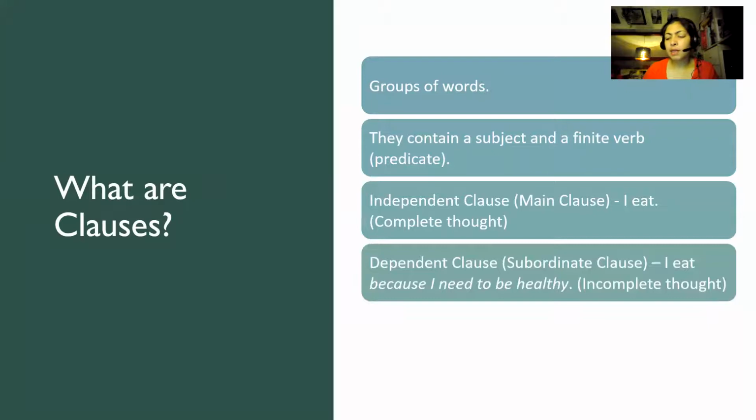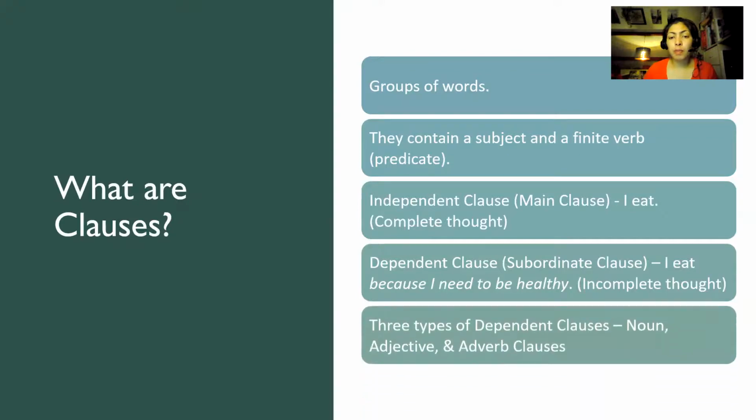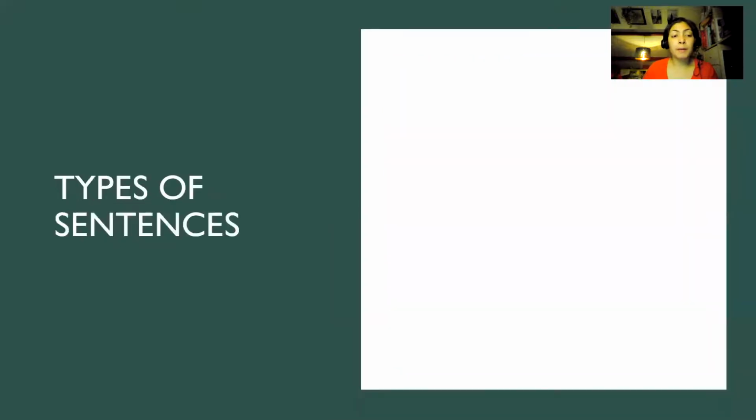All right. So this is an incomplete thought, because I need to be healthy, and then you want more information. So you have independent clause and dependent clause. Now remember, there are different types of dependent clauses: noun clauses, adjective clauses, and adverb clauses. We are not going to do these in this video. There'll be a different video for these.